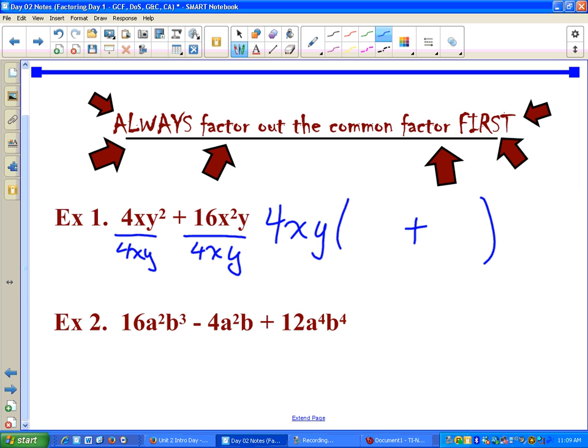What happens with my 4's? 4's cancel. X's cancel, y squared divided by y, just one y. 16 divided by 4, 4. X squared divided by x, x. y divided by y cancels out. So y plus 4x. Can I factor out anything from y plus 4x anymore? No, this is fully factored.